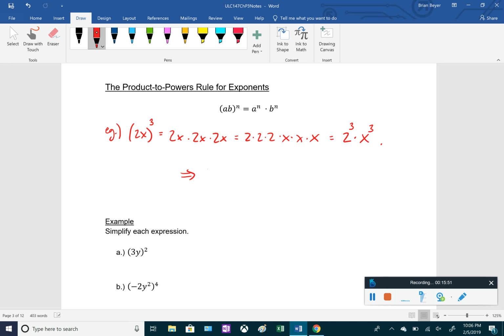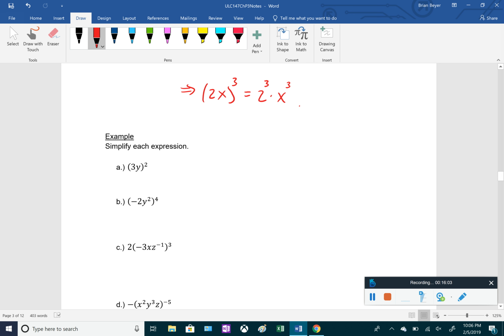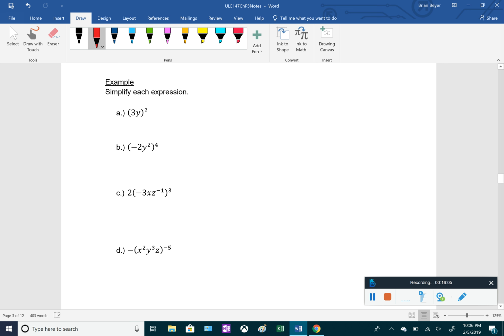So that means the shortcut way, obviously, is 2x cubed just equals 2 cubed times x cubed. And there obviously can be more than just two factors in there. So let's simplify using that rule. So we have 3y to the second.